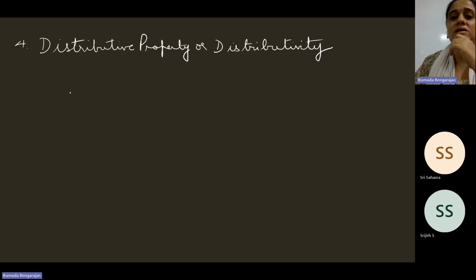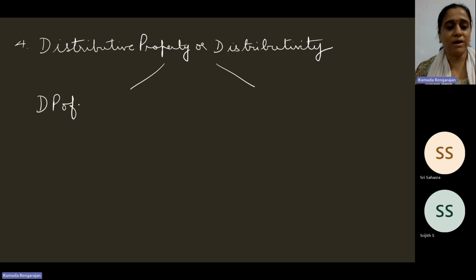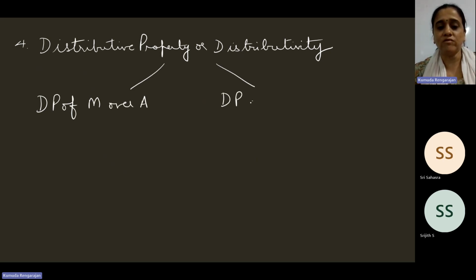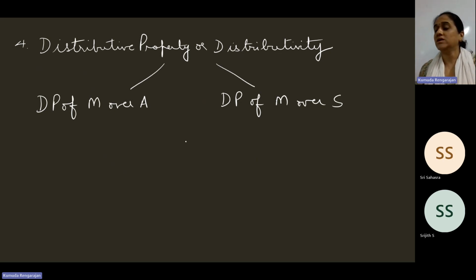Okay, let's consider. So the distributive property, we have 2 types now. Distributive property of multiplication over addition and distributive property of multiplication over subtraction. These are the 2 things.